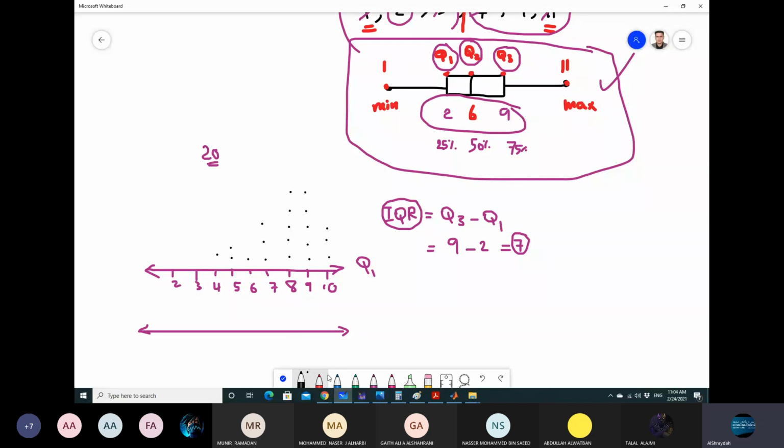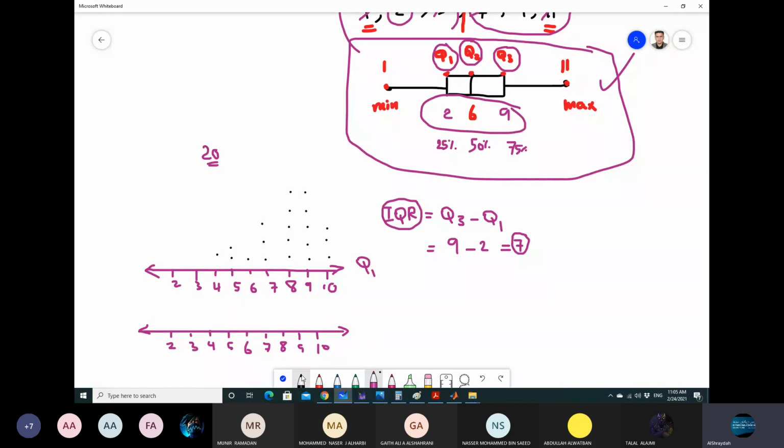And let's say in the second quiz, the marks look like this. Here we have 2, 3, 4, 5, 6, 7, 8, 9, and 10.